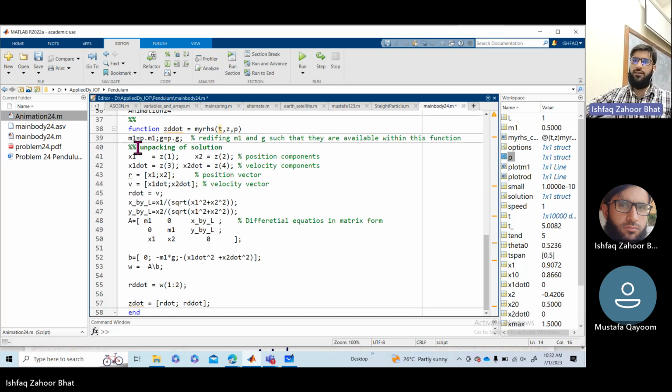If you don't define these things again within the function, those will not be available to this function. This is how MATLAB works. I don't know why they have put these things as such, but this is what is there, that you have to again unpack this P as M1 equal to P dot M1, G equal to P dot G, and if you need anything else, you have to define those things also here.